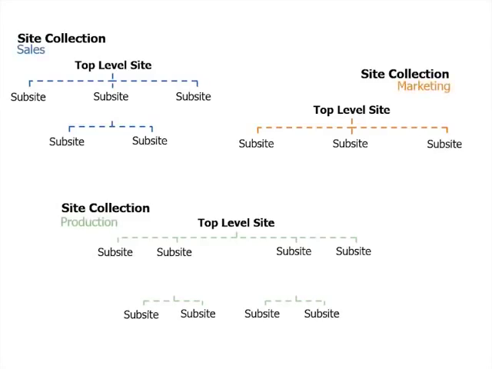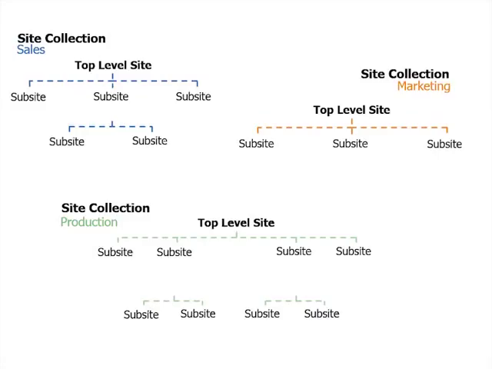So we have sales, marketing, and production here in our example. Each department has their own site collection, each with its own administrator, its own permissions, its own user groups and services and features. Now in large organizations, you might have dozens, hundreds, even thousands of SharePoint sites. And as the company grows, of course, SharePoint is going to grow as well.